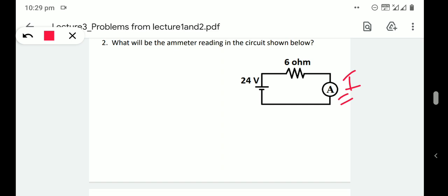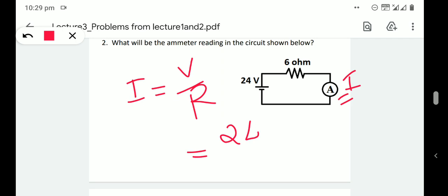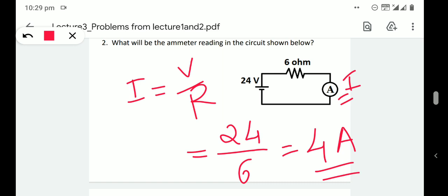According to Ohm's law, I is equal to V divided by R, voltage divided by resistance. Here the voltage is 24 volt and resistance is 6 ohm. So 24 divided by 6 gives 4 ampere. So the ammeter reading will be 4 ampere.